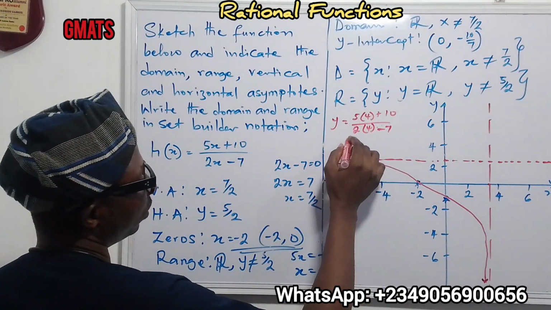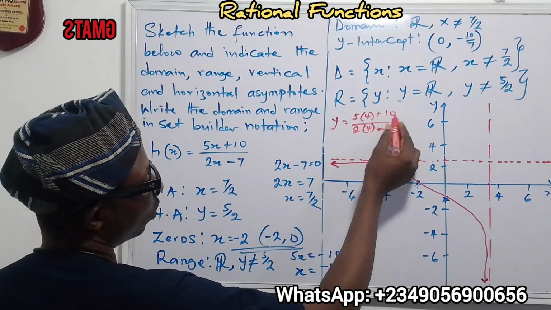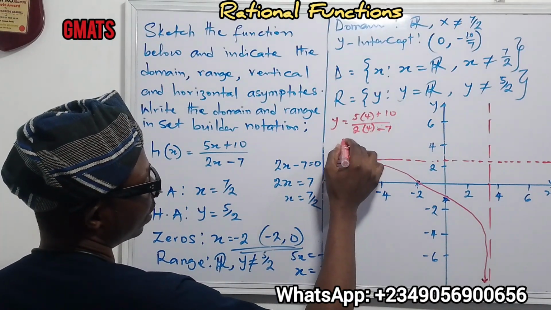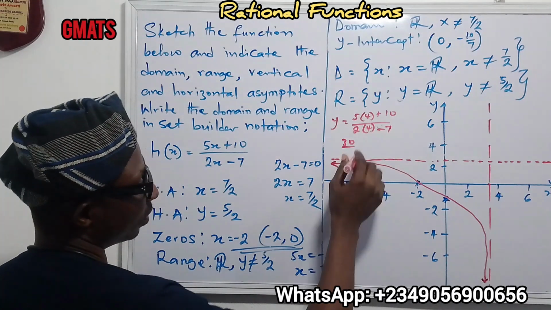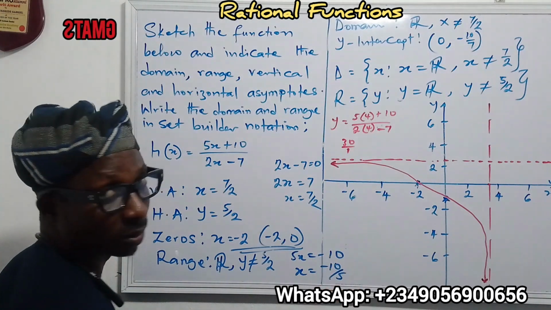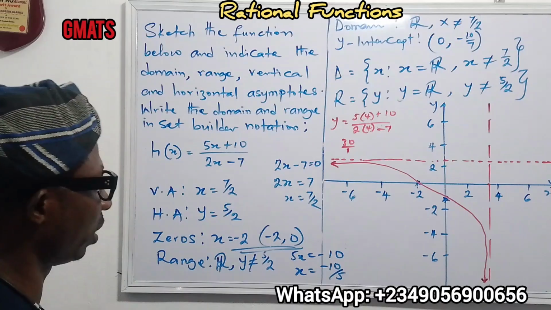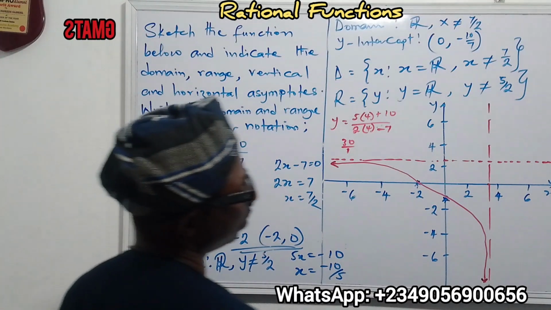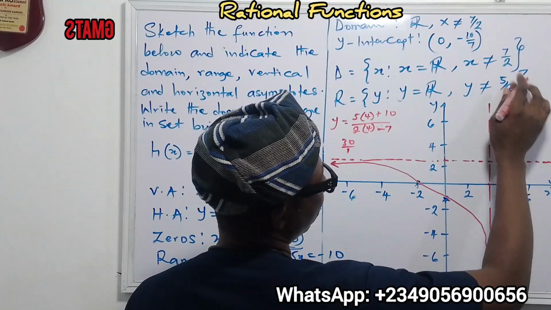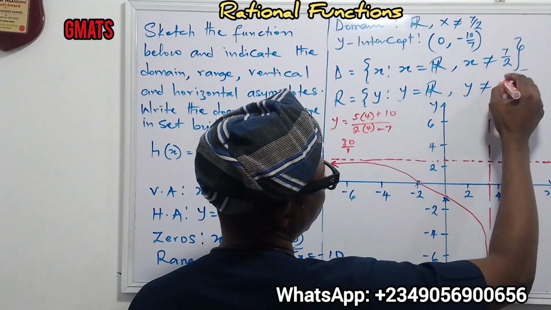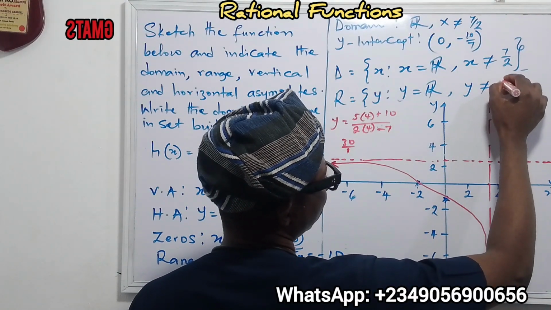That's going to give you 20 plus 10, that is 30, over 8 minus 7, that is 1. So y is 30. So the point 30 is going to be at the top, somewhere here, up.